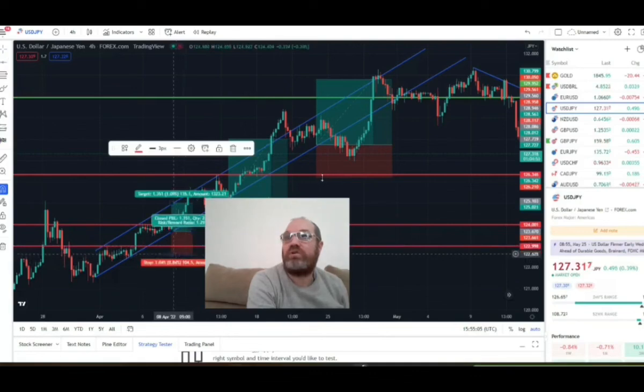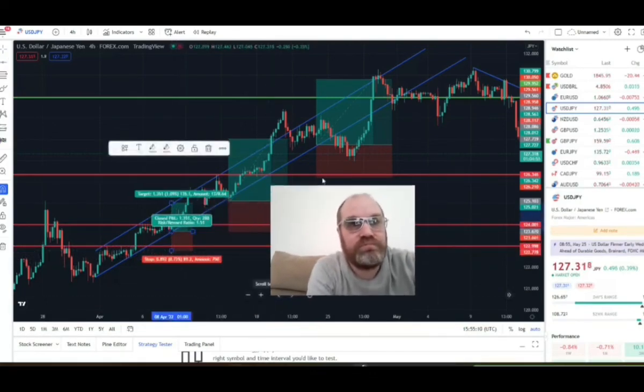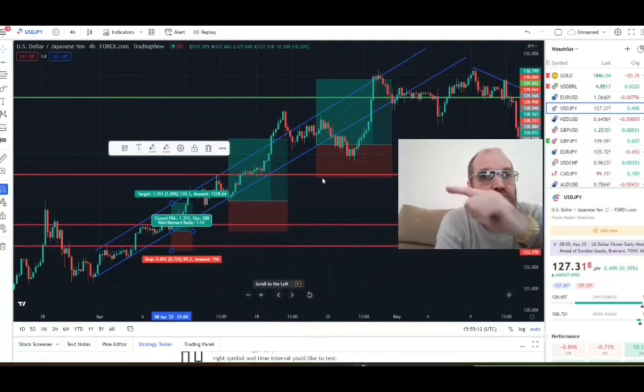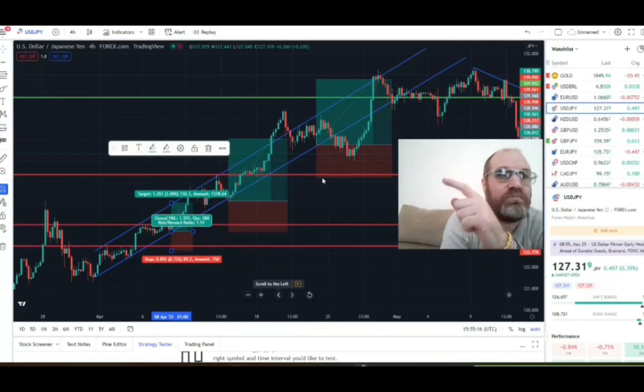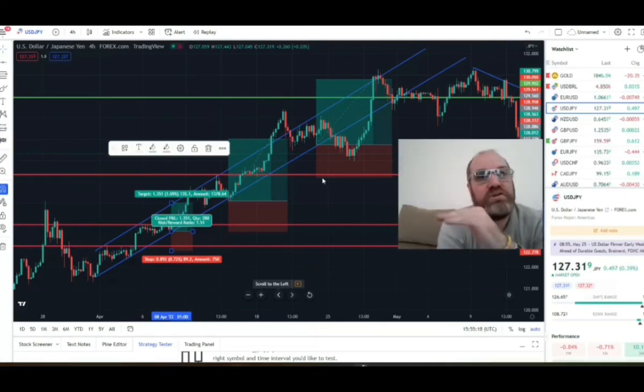So always a little below the last area. So always mark up your support and resistance, and always take the stop loss a little below, because if the market chooses to go down below, then it's a trend change.